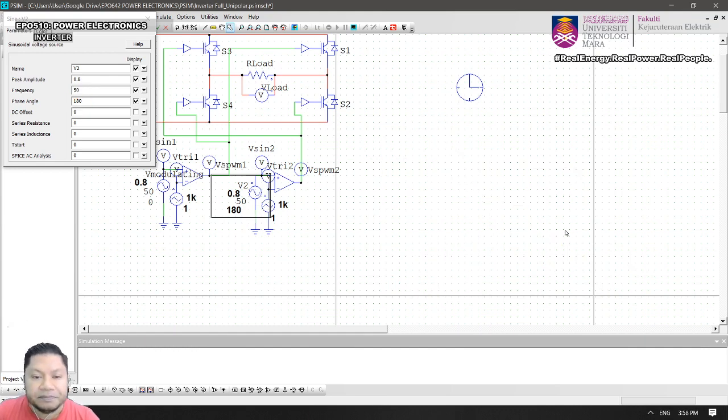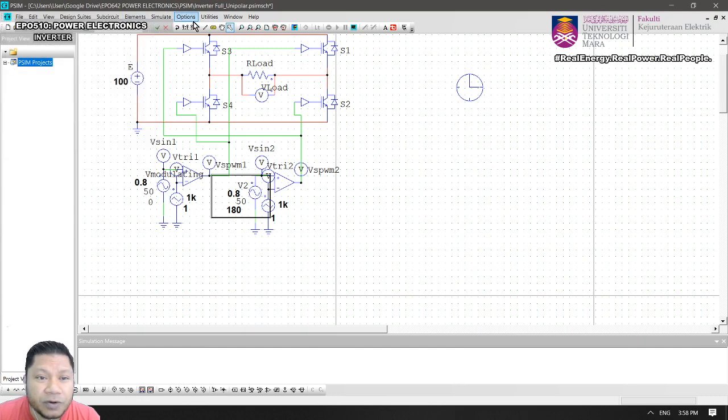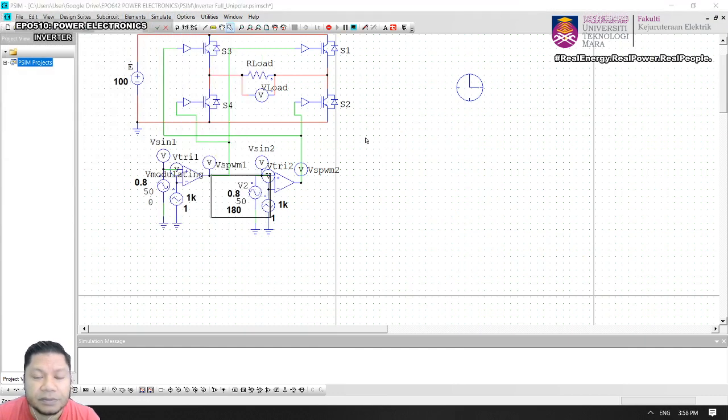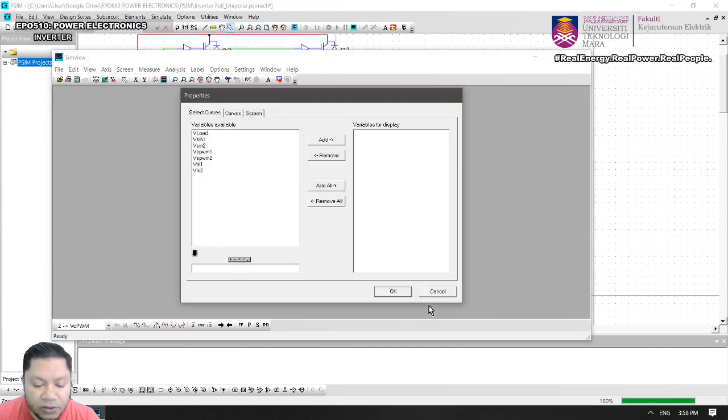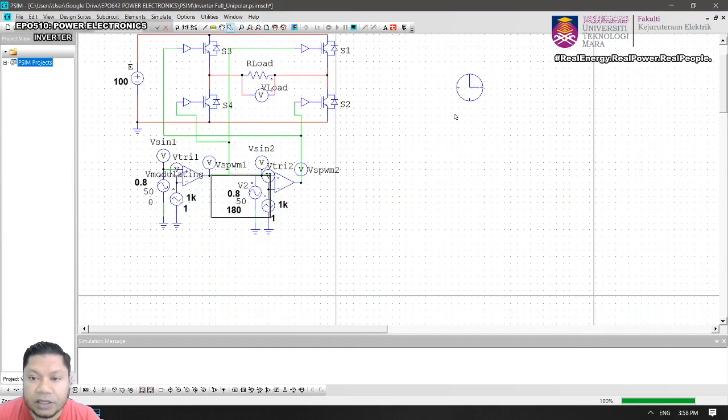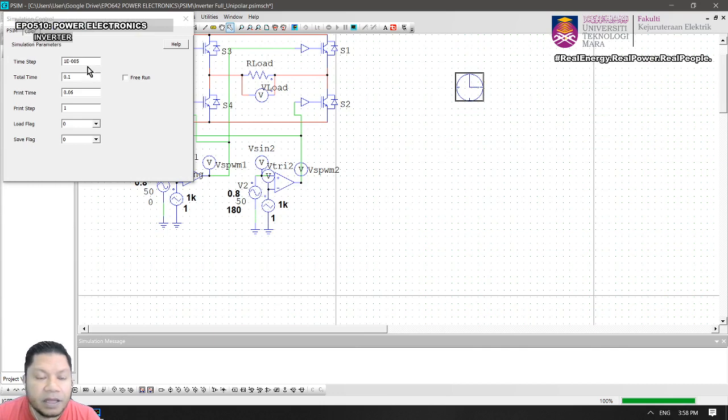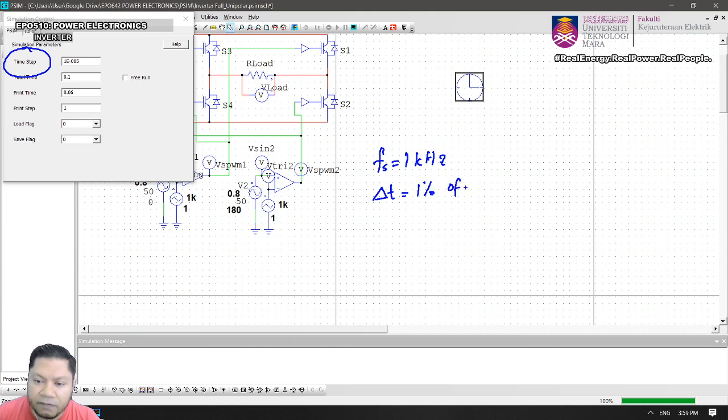So again, the rule of thumb: your switching frequency Fs is 1 kilohertz. Therefore, the time step delta T here should be 1% of 1 over Fs.